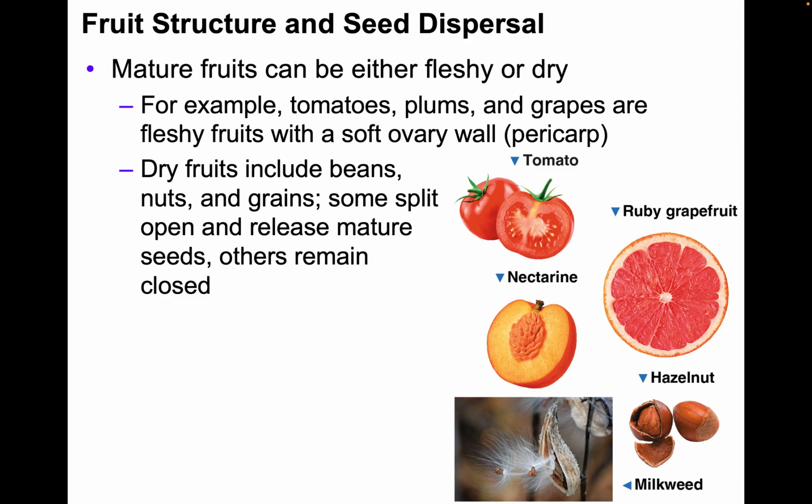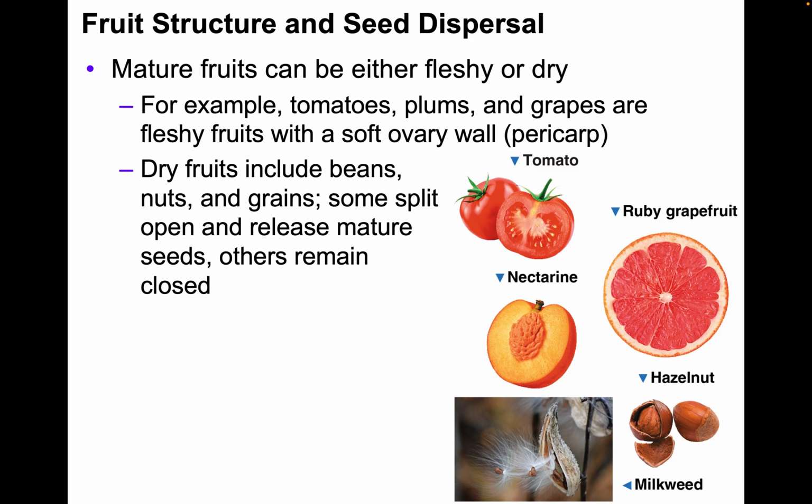So nice fleshy ones. We saw a lot of these in class or in lab on Monday. Tomatoes, plums, we didn't see, but yeah. Grapes, soft fleshy fruits. Their ovary wall becomes nice, nutrient-rich, flavorful, and colorful. The dry fruits don't usually spend much time on color.